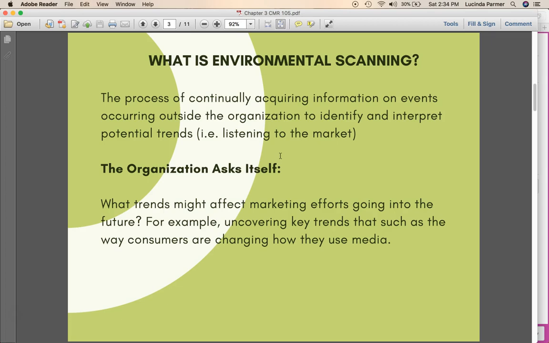So basically, it's just being able to listen to the marketplace, being able to forecast or predict any upcoming trends in the market or the industry that the company is working in, any product trends, any new competition trends, and just being in tune with that, very much like a piano's in tune or a guitar's in tune. You want to be very in tune with the market, your marketplace, whatever industry you're in.